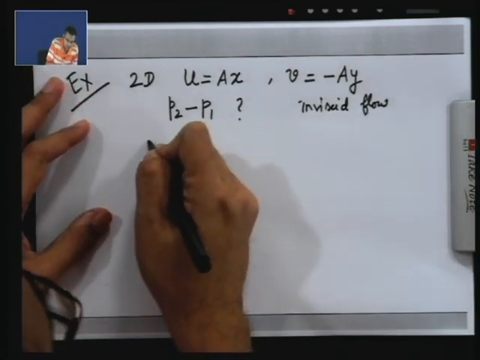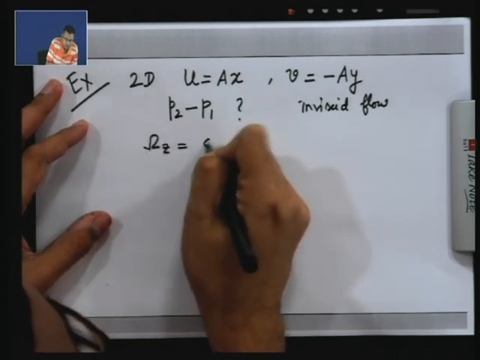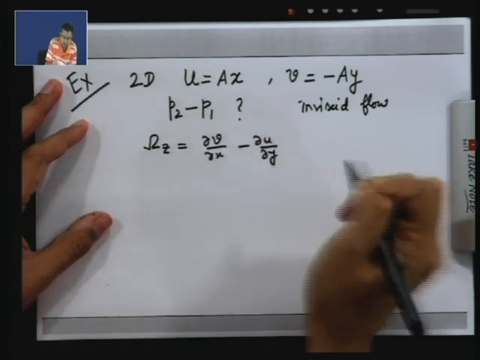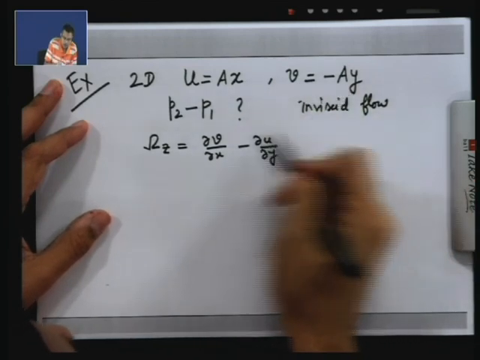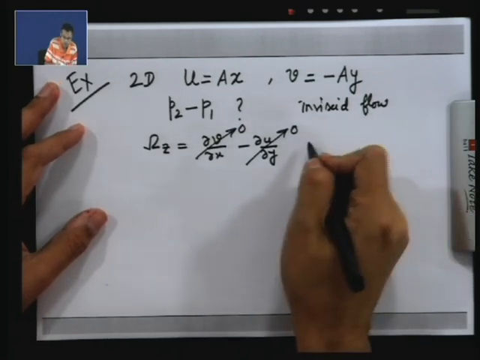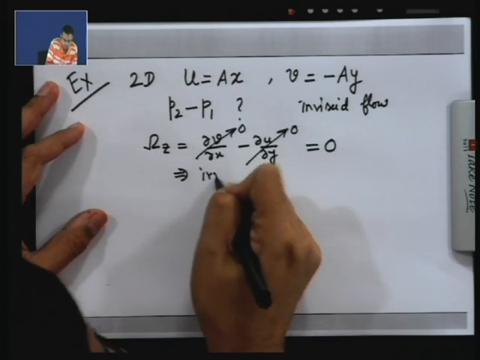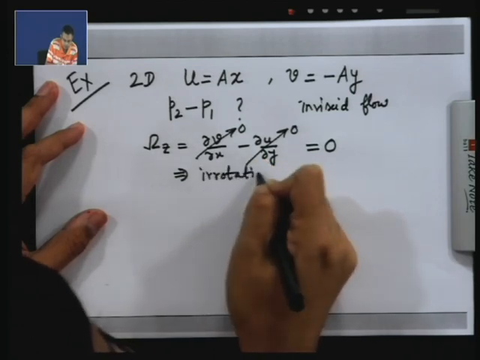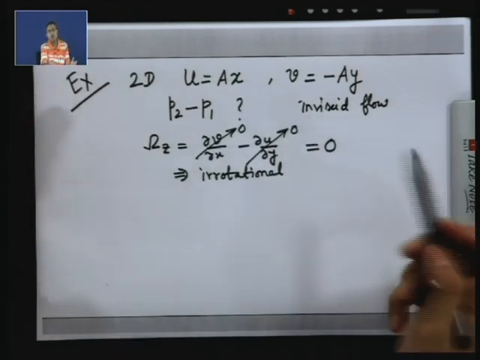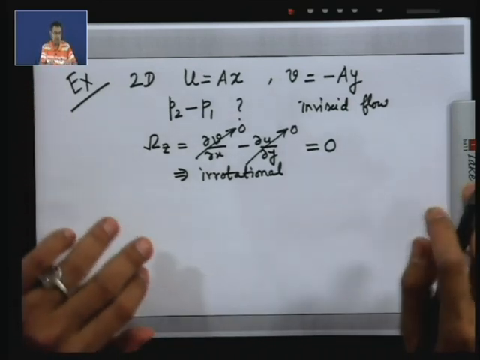So what is the angular velocity or what is the vorticity component with respect to z axis, that is del v del x minus del u del y, that is the only vorticity component. Del v del x is 0 and del u del y is 0 for this velocity component. So that makes this equal to 0. So this is irrotational flow. Because it is inviscid flow, irrotational flow will remain irrotational. I will discuss about this in a moment after solving this problem.